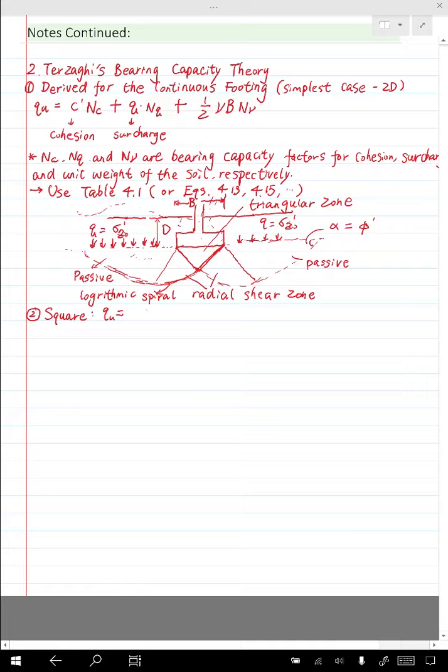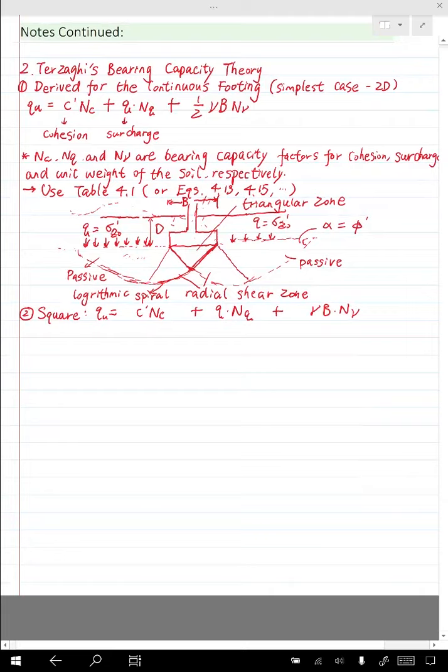So we still have C prime times NC, Q times NQ, plus gamma B and N gamma. Now the ratio is a little bit different, so we change the constants. Here is 1.3, and for NQ, this is 1, does not change, but here this becomes 0.4 instead of 0.5.